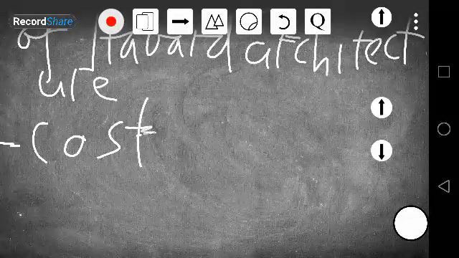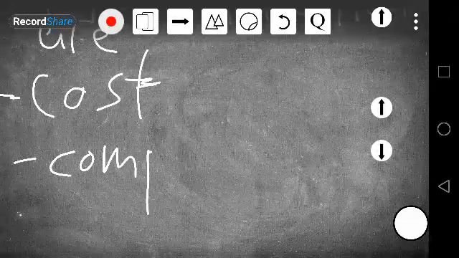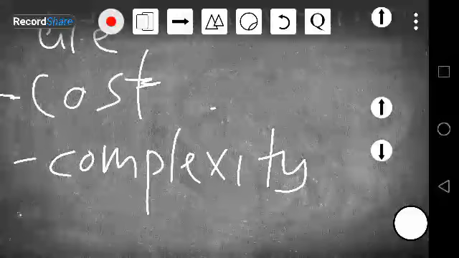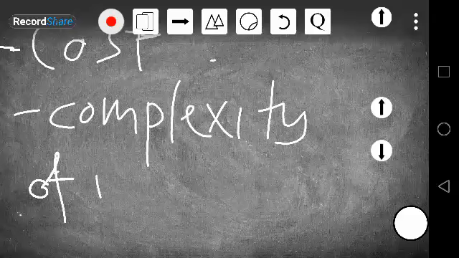And the other thing is complexity of implementation.